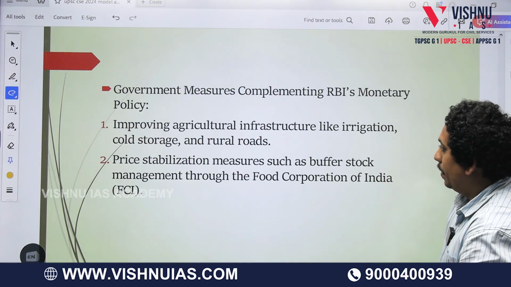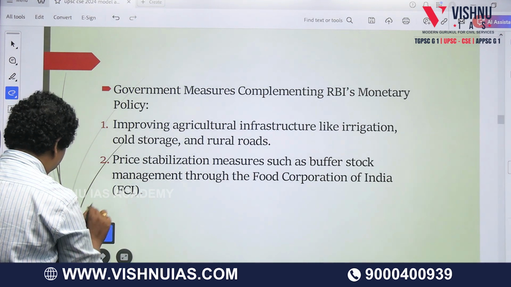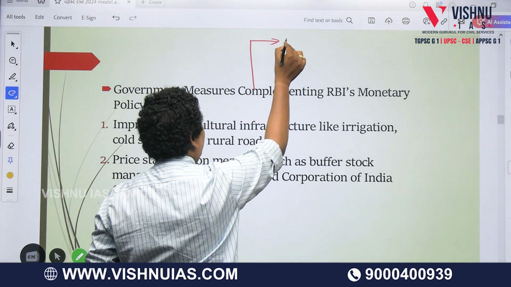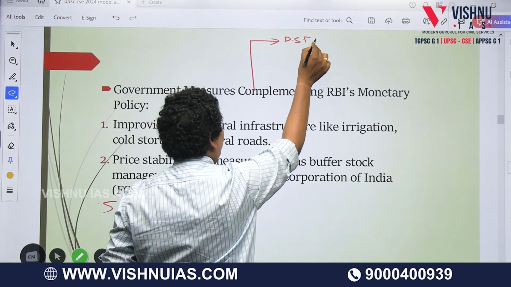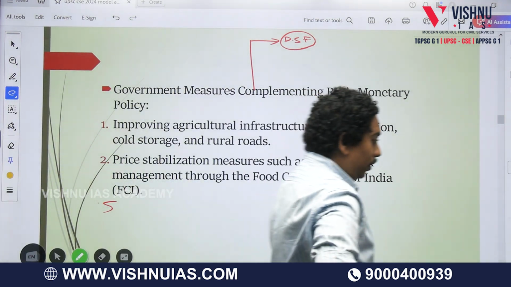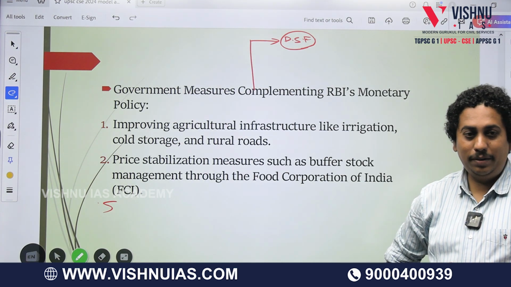Government ఏం చేయచ్చు? Agriculture infrastructure పెంచచ్చు. Price stabilization. In fact, see, the government has brought a scheme, no, PSF, Price Stabilization Fund. Who is it for? To favor whom? Consumer or producer?